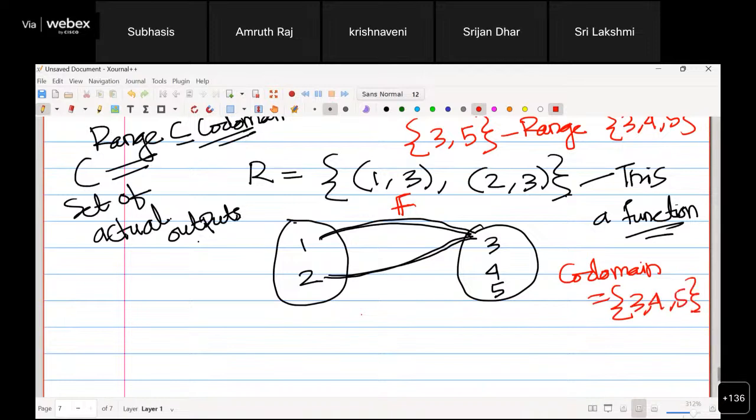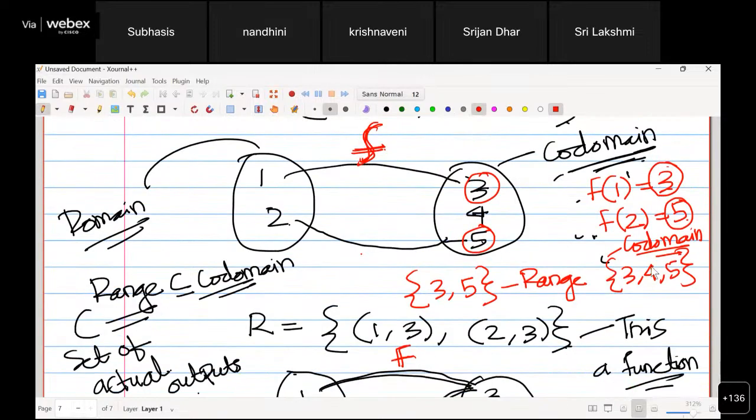What is the range of this function? 3. As you can see, the range can also be a proper subset of the codomain. Here also the range is a proper subset of the codomain.